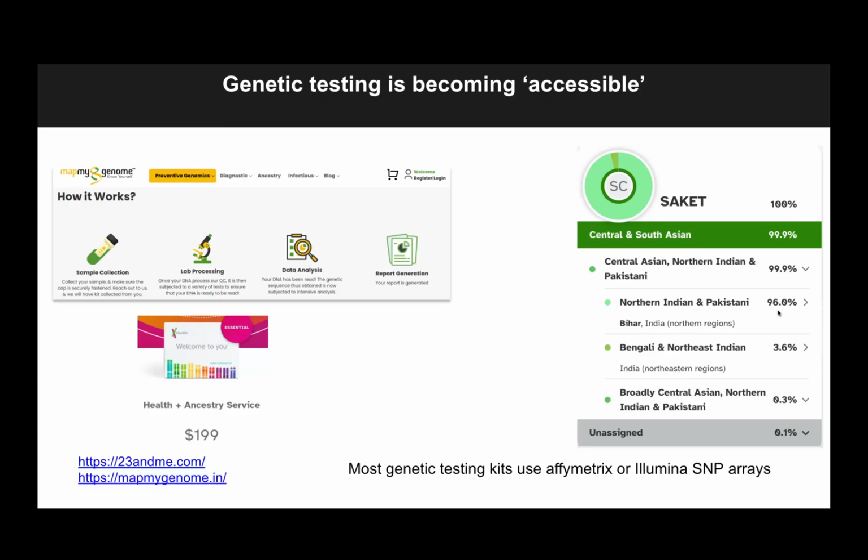In fact, it gets my state very correct. I actually come from Bihar. I have some bleed-through of Bengali genes in a way, and I'm broadly North Indian for all practical reasons, right? I was very excited when I did this test. But when I got the reports, I was like, there's nothing that I've actually learned that I did not know, right? All of this is very common information.